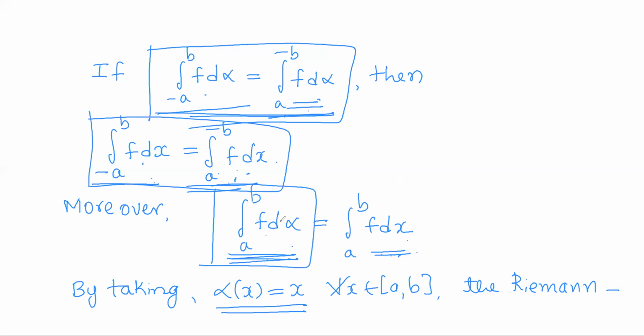This is the value of the Riemann Stieltjes integral of f, and it coincides with the Riemann integral of f, because of taking the monotonically increasing function alpha as the identity function.